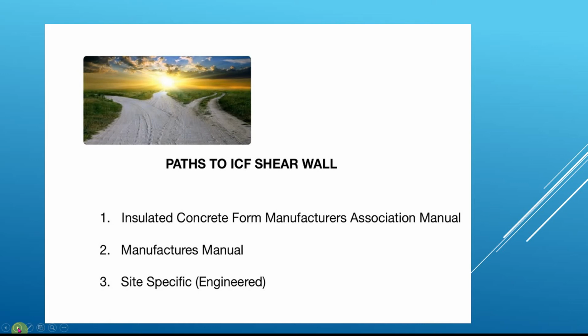The other one you can use is a manufacturer's engineering manual, but there's one item you need to make sure of, and that is that it's stamped for the current building code you're using today. So if you're using the 2015 building code, it must be stamped for the 2015 or whatever. Now the other way is a site specific engineer. You'll get into that with some projects.